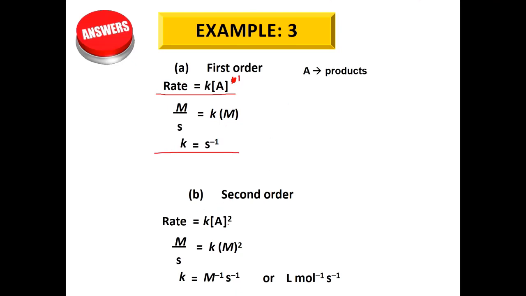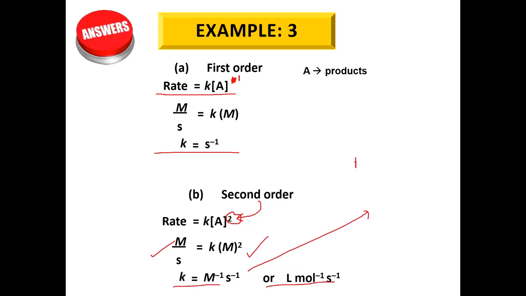For the second order, the rate is K concentration A to the power of 2, so you get M over S here, and then you can do the arrangement. K is equal to M negative 1 S negative 1. So how do you get this?